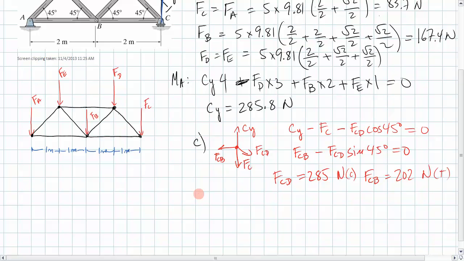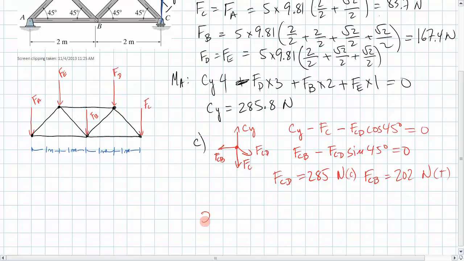Okay, so now I know this member, this member, this member, and this member. So I only need this member and this member. So if I work on joint B here and this joint D, sorry, here, then I'm done.